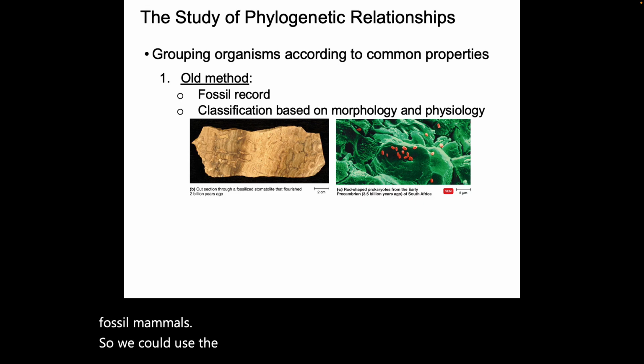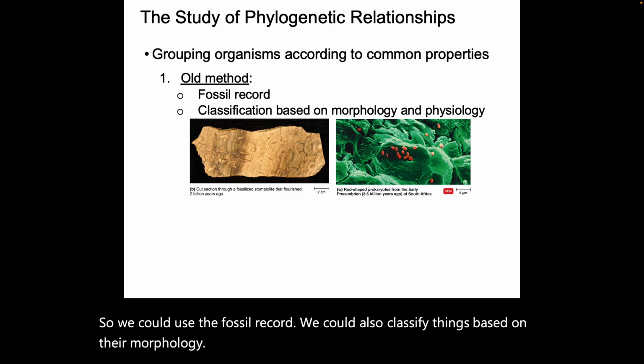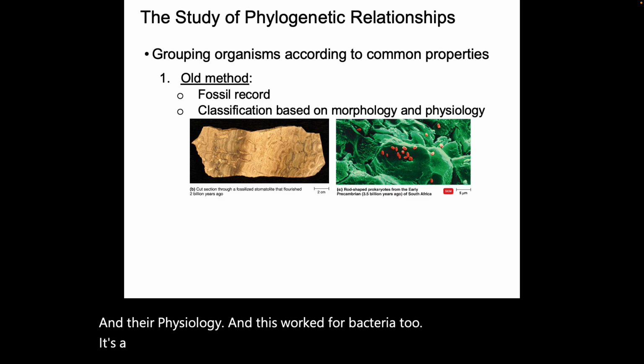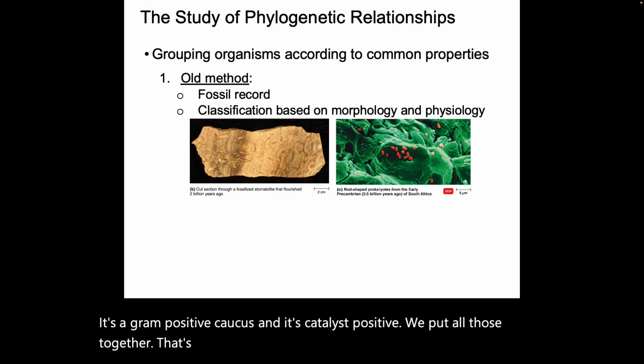We could also classify things based on their morphology and their physiology. And this worked for bacteria too. It's a gram-positive coccus and it's catalase positive. We put all those together. So that's part of its physiology.